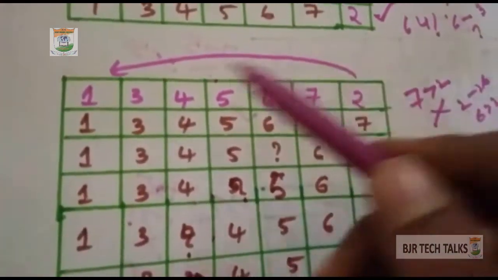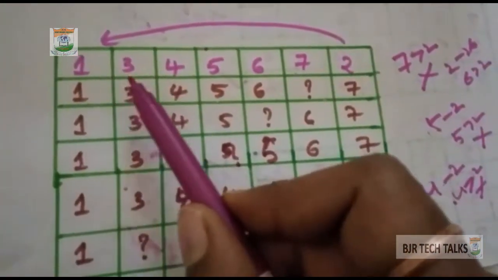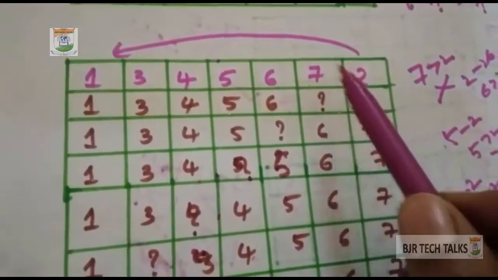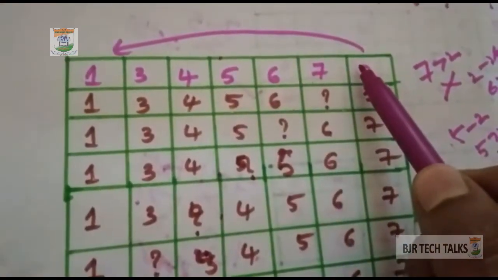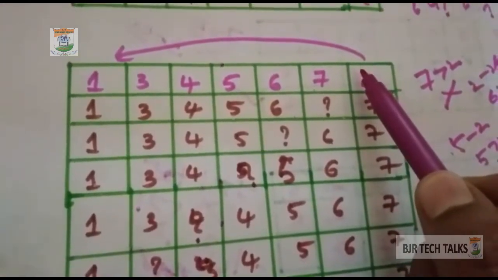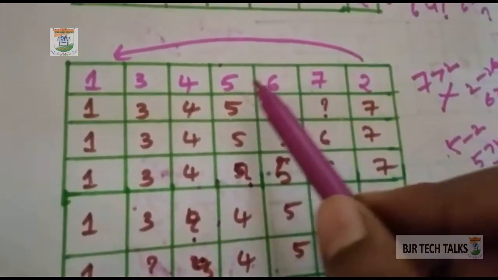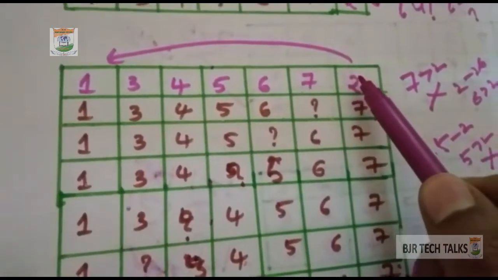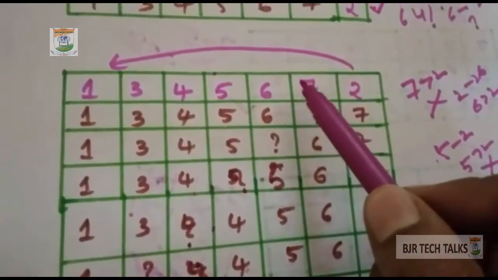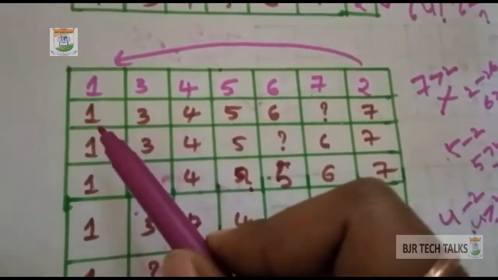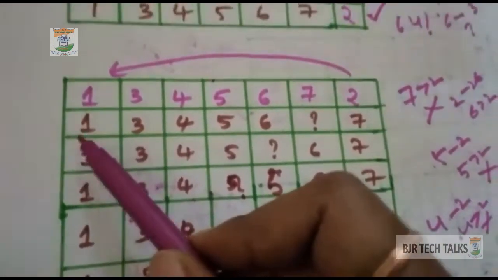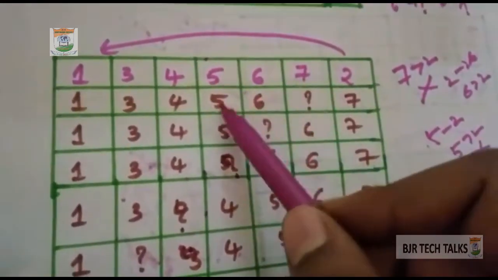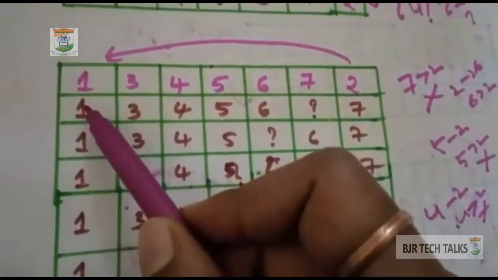Here comes the sixth iteration: 1, 3, 4, 5, 6, 7, 2. So we are comparing the 2, that means the 7th element, with its previous 6 elements, that means the previous elements 7, 6, 5, 4, 3 and the index is 1.